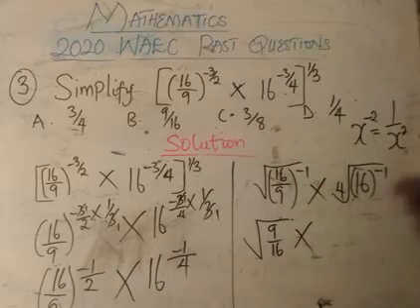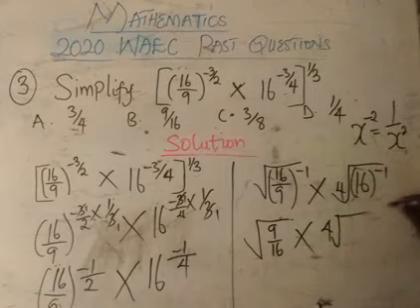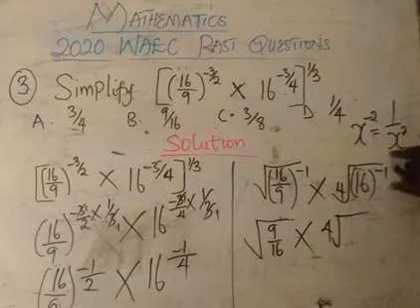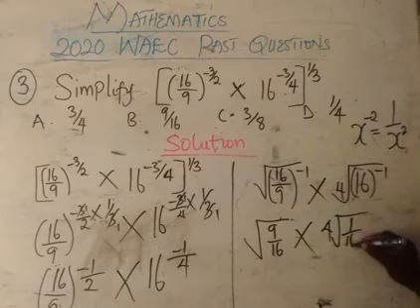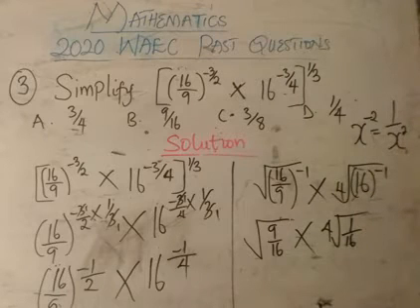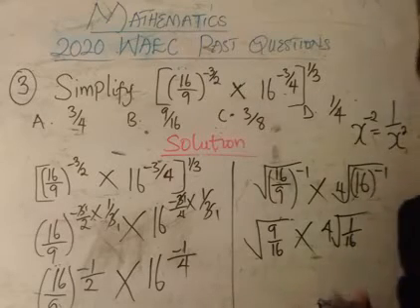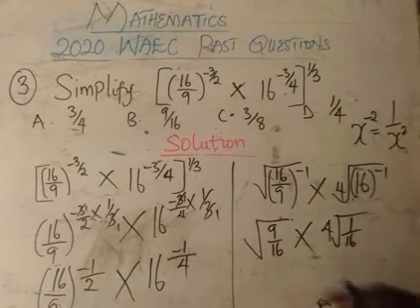So we have multiplied by the fourth root of 16 raised to the negative index. We're going to take the reciprocal of this number also, 1 over 16, since it's raised to the power of negative 1. So we have it, 16 raised to the power of 1 is the same thing as 16. So we can now move on.